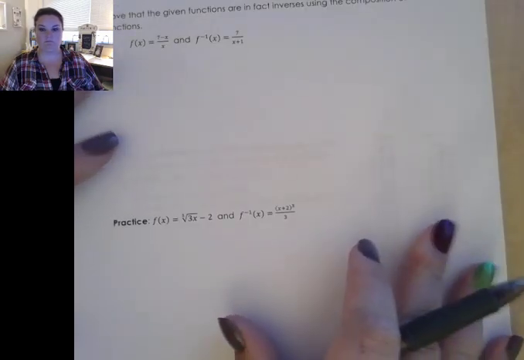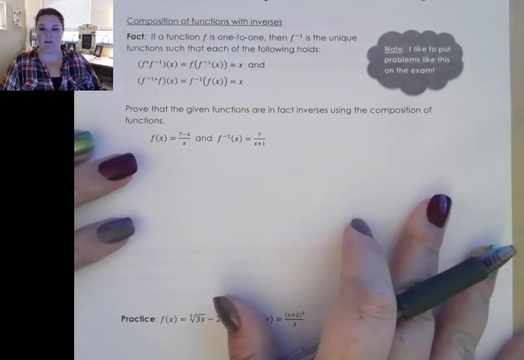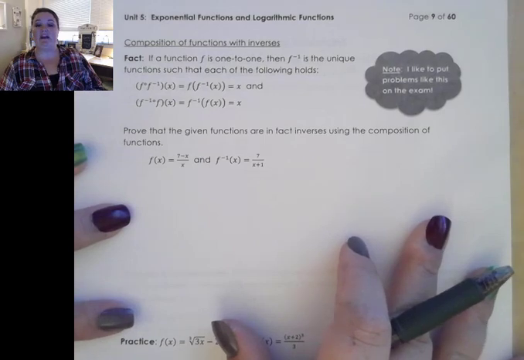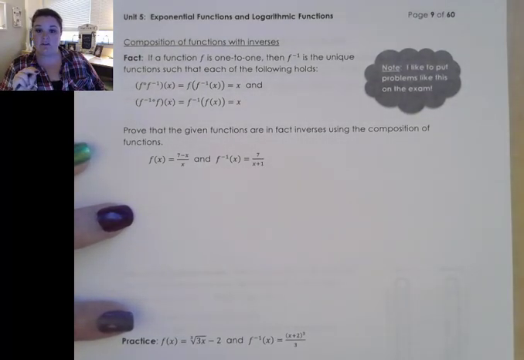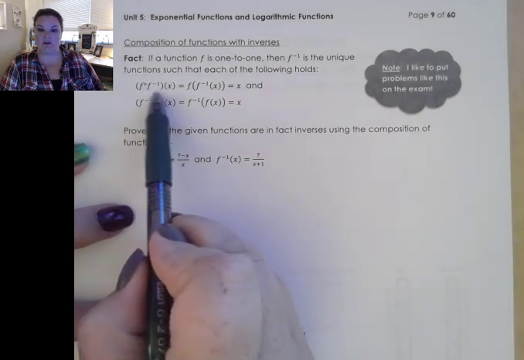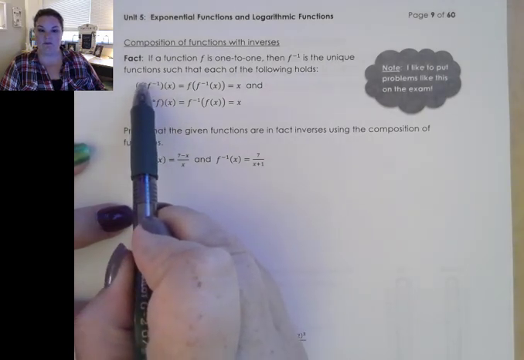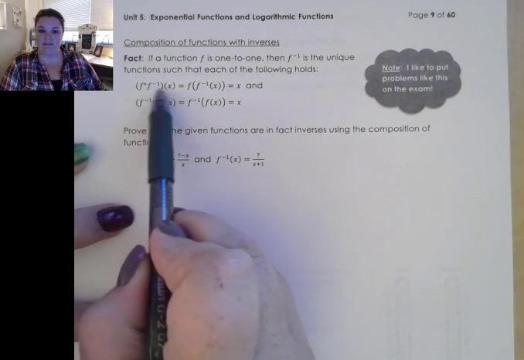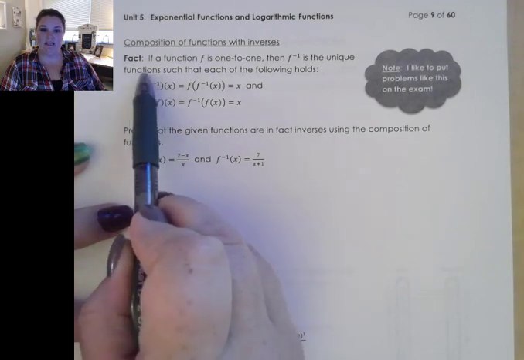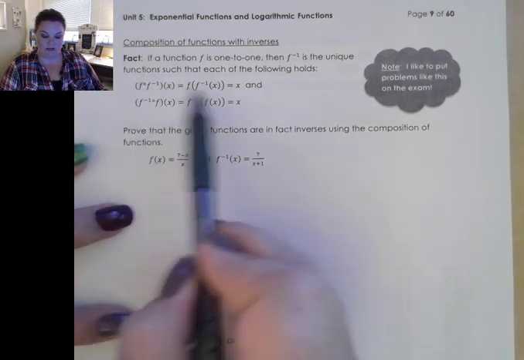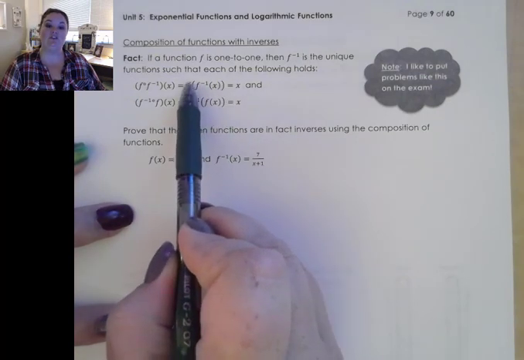Okay. All right, so another cool thing that we can do with inverses is we can verify that two functions are inverses by composing them. So remember back when we were composing functions, f composed with f inverse means I'm taking f inverse and plugging it into that outside function, right? Or plugging f inverse into f.